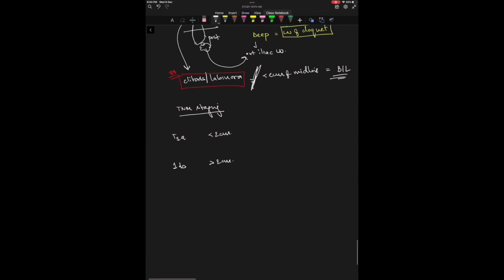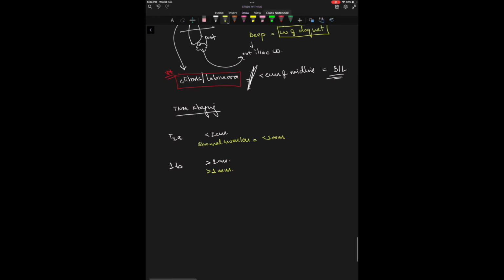Very important to note is we also take into account the stromal invasion, because this is the most important prognostic factor. If it is less than 1 mm, it is 1A, and if it is more than 1 mm, it is 1B. Why it is important to know is that it will dictate the management.